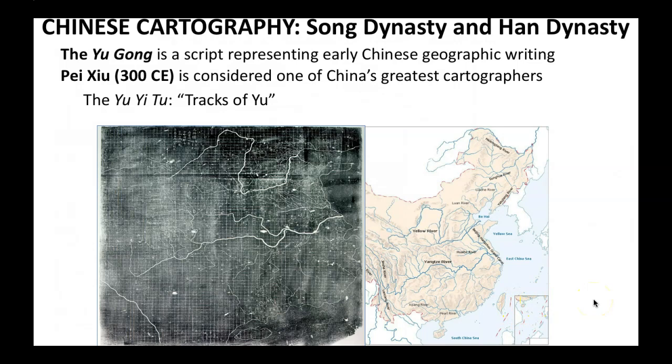We also have Chinese cartography, especially the height of ancient or older Chinese cartography is from the Song and the Han Dynasty periods. For example, the Gong is a script representing early Chinese geographic writing. Pei Xiu is considered one of China's greatest cartographers. His book, The Tracks of Yu, depicts this map in great detail of eastern China.